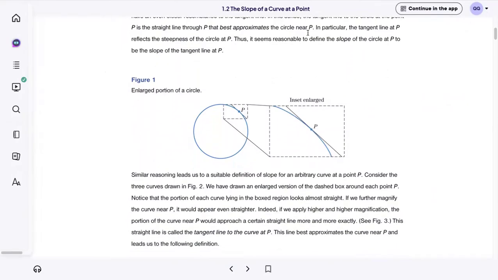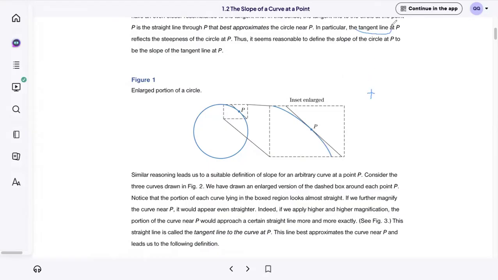So when it's a curve, we talk about the rate of change at this point, or the derivative at this point of this function, is the slope of this tangent line. Tangent line means this line touches the graph at one point. You see this line touches this curve at one point. So this line is called a tangent line.